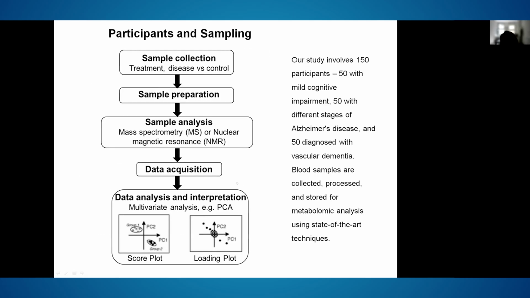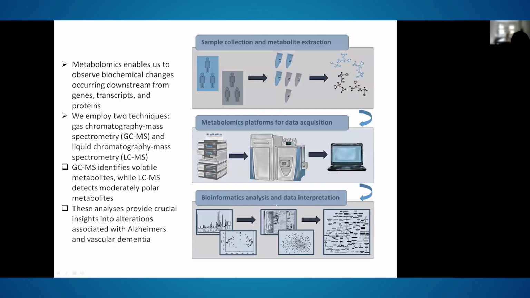Our study involves 150 participants, 50 with mild cognitive impairment, 50 with different stages of Alzheimer's disease, and 50 diagnosed with vascular dementia. Blood samples are collected, processed, and stored for metabolomic analysis using state-of-the-art techniques. We use two techniques, gas chromatography-mass spectrometry and liquid chromatography-mass spectrometry.